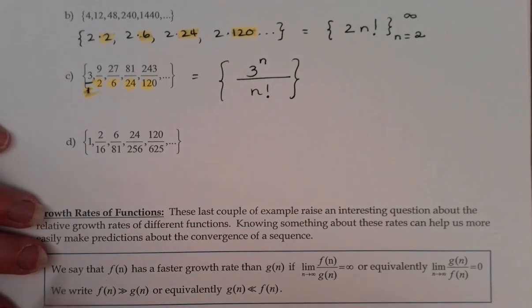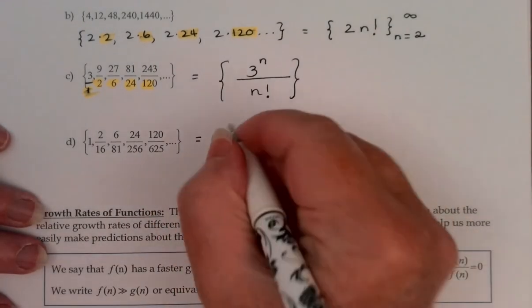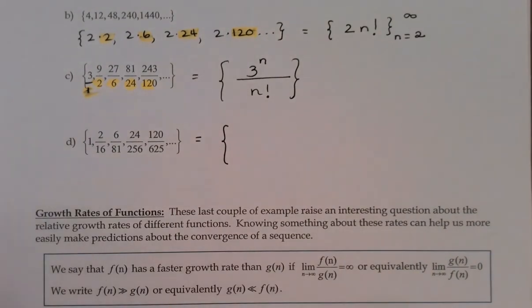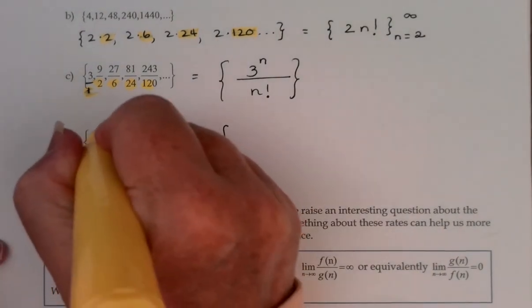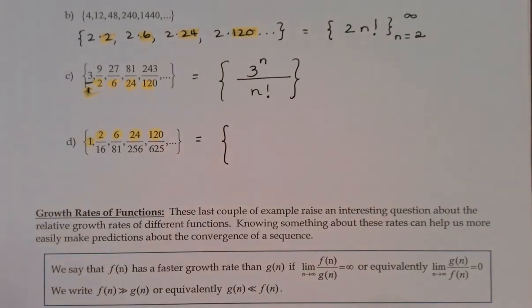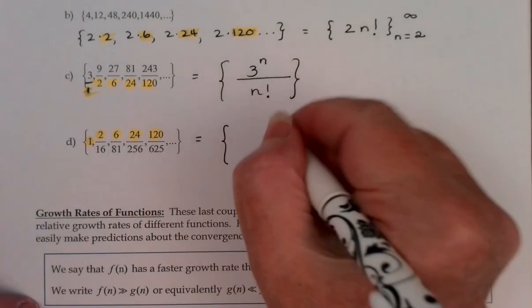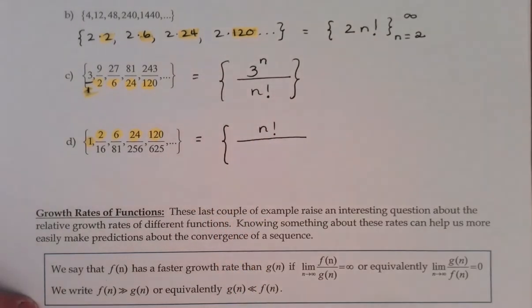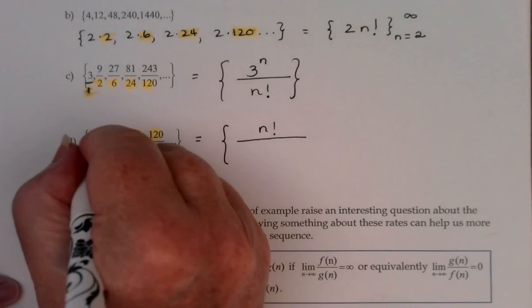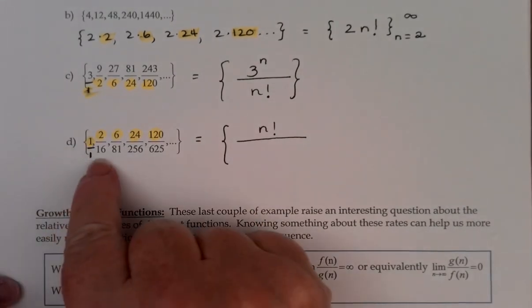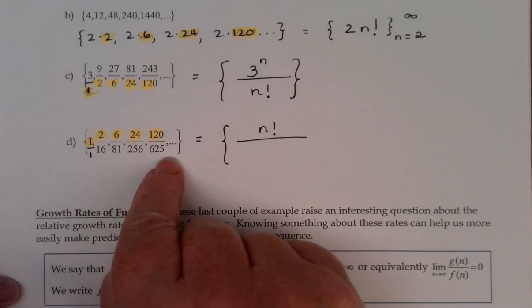All right, one more. This time, I'm seeing my factorials in the numerators. So let's put n factorial on top this time. Okay. On the bottom, this first one would be 1. And then I have to identify what's going on with these numbers.